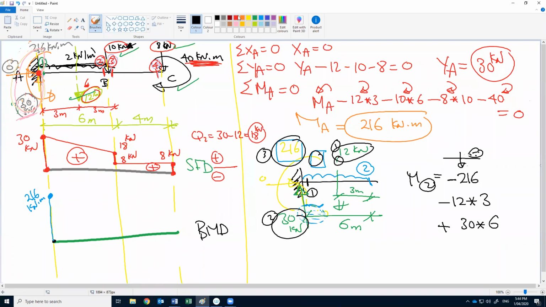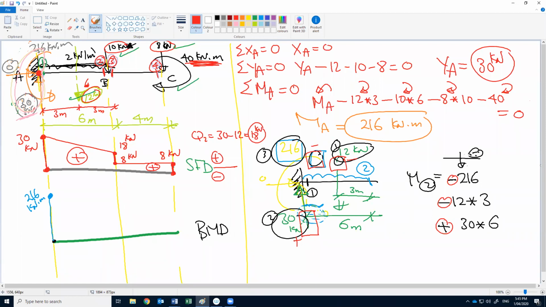Why 30 multiplied by 6? Because if we look at the 30, the tail is here. So we have three forces: this force, this force and this force. For the first two, the tail is above, so negative. Here, the tail is below, so positive. This is the meaning of these signs. Is that okay with you?